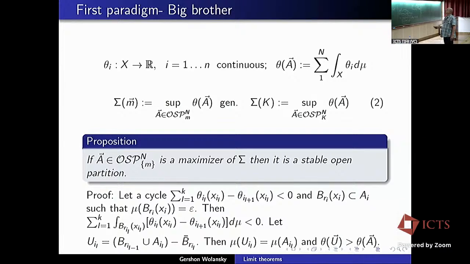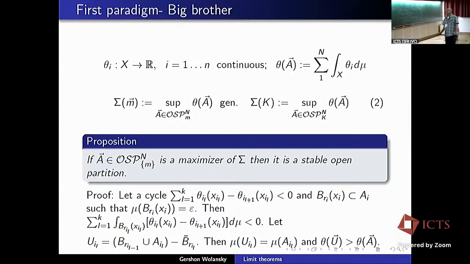So we consider this function on open partitions, which is the sum, excuse me, here I have to put the integral over AI, not x. Sum from 1 to n of the integral over AI of theta I, and the sigma of M will be the supremum of all this reward over all open partitions subject to M, and more generally, if we have a set K of masses M, we take the supremum over this.